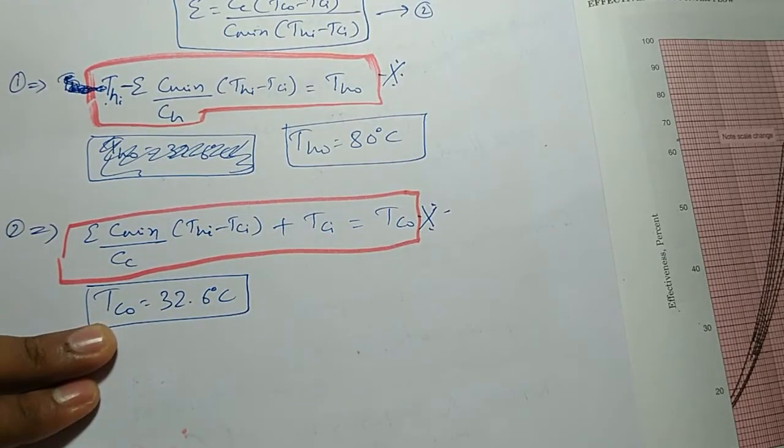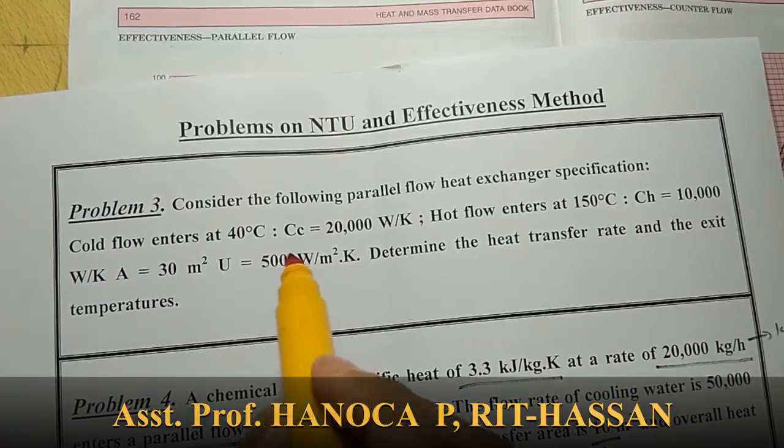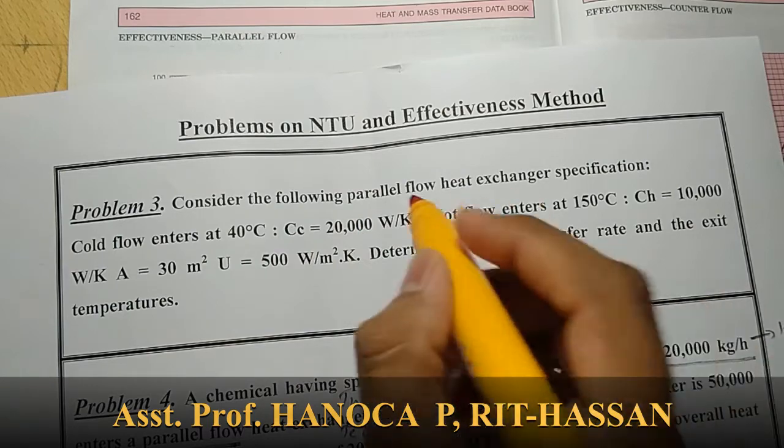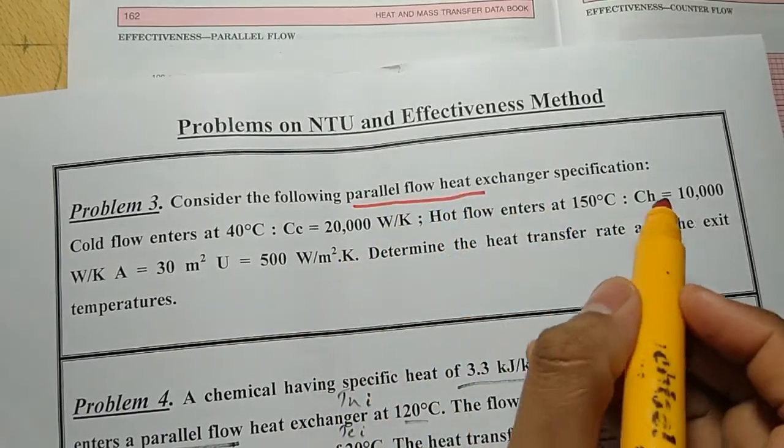Next we will solve another problem. This is a very simple, basic problem compared to this one. Consider the following parallel flow heat exchanger. In the problem it is mentioned as a parallel flow heat exchanger.